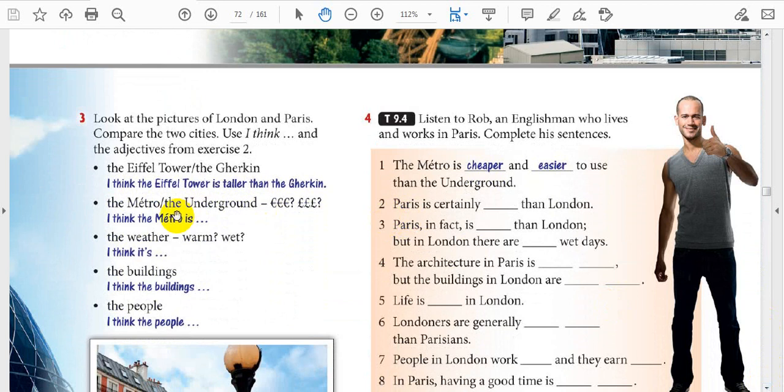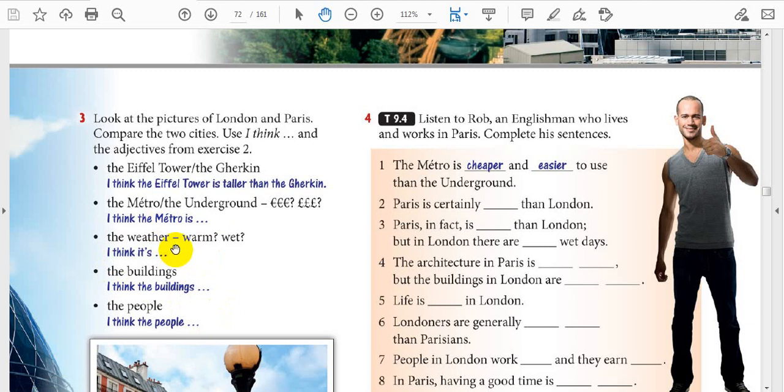These adjectives are used in this practice, and this practice is your homework. That is your homework: to compare between two cities, London and Paris.